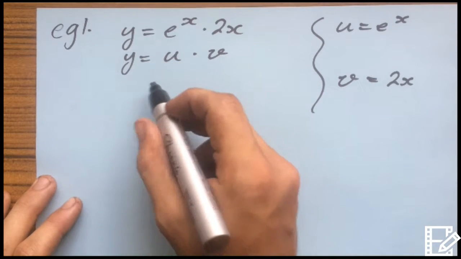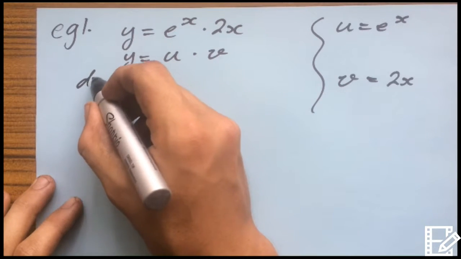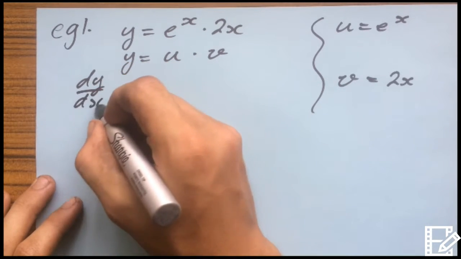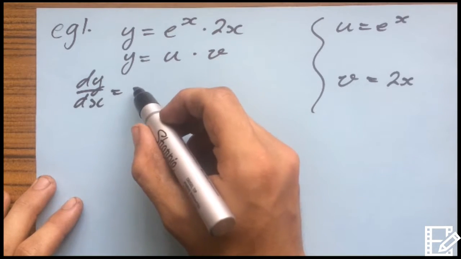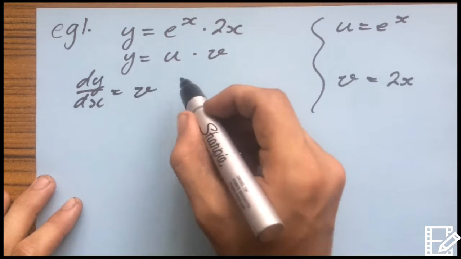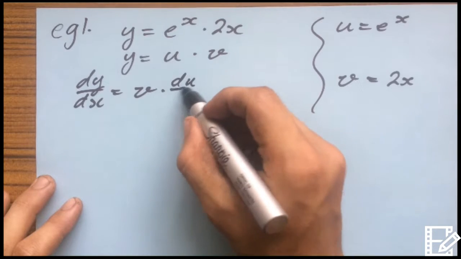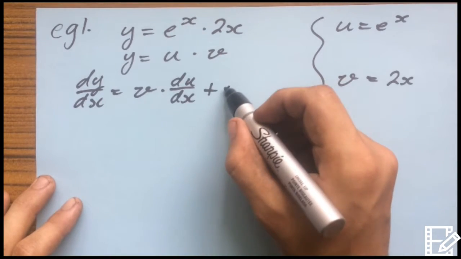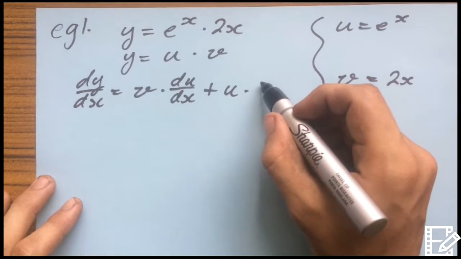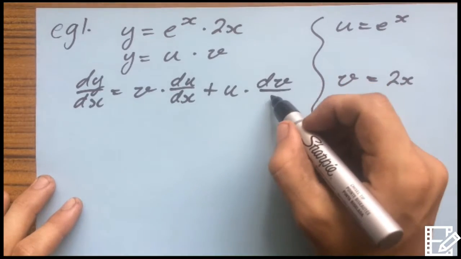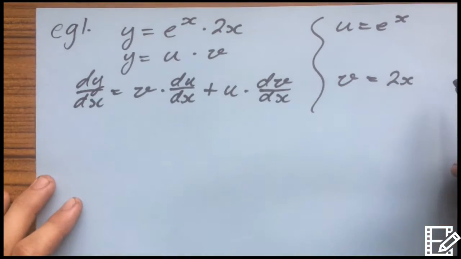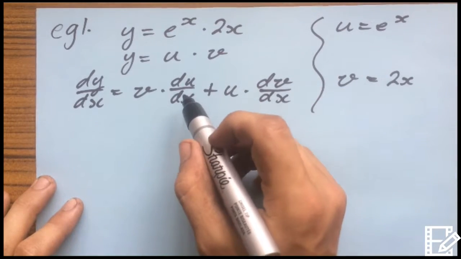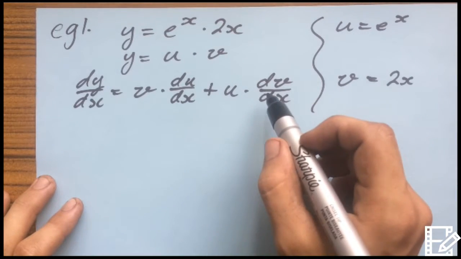The derivative of this function, dy/dx, equals v multiplied by the derivative of u with respect to x plus u multiplied by the derivative of v with respect to x. So we have to find the derivative of u and the derivative of v.